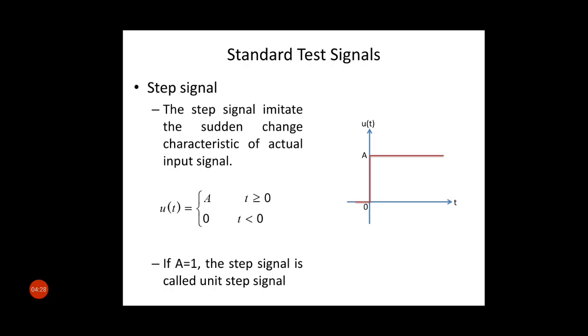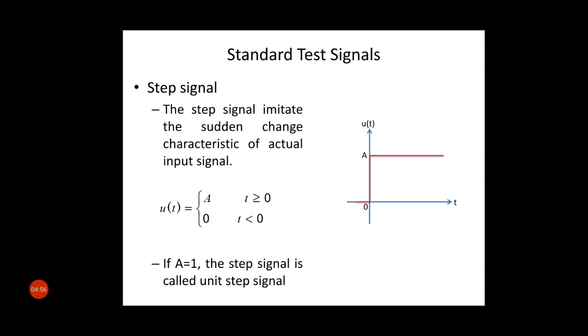So here I am going to represent it by u(t), and this u(t) is equivalent to A at t greater than or equal to 0, or 0 at t less than 0. Okay, so this is the definition for the step test signal. When we call it a unit step signal, then this A equals 1.